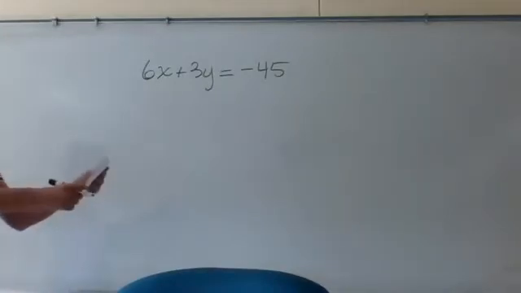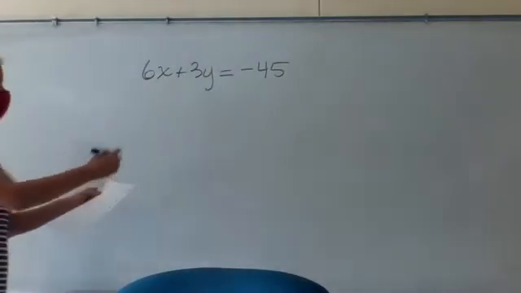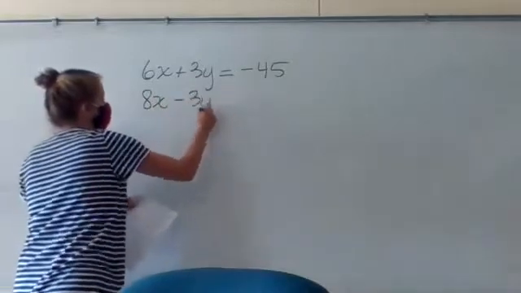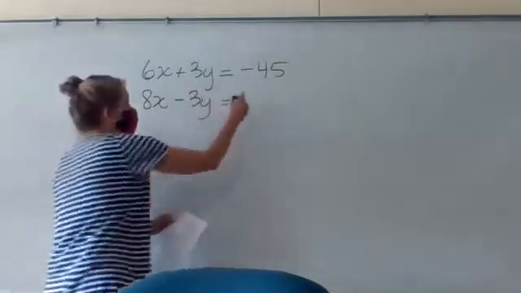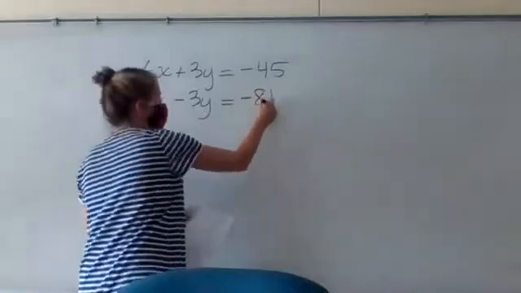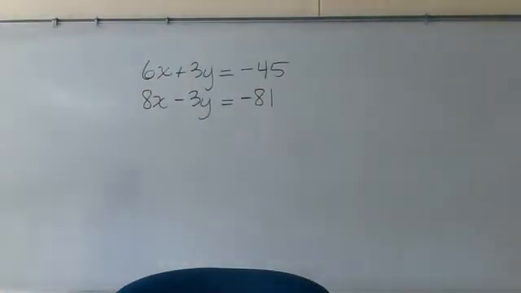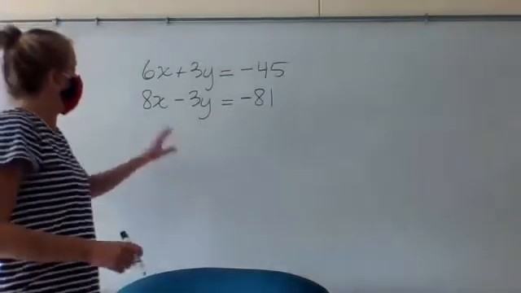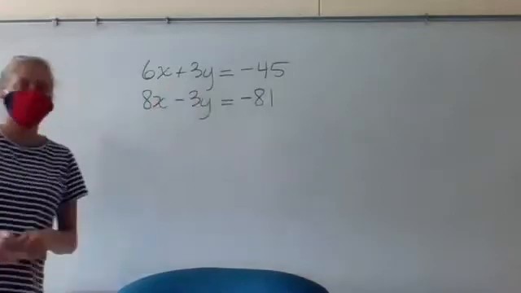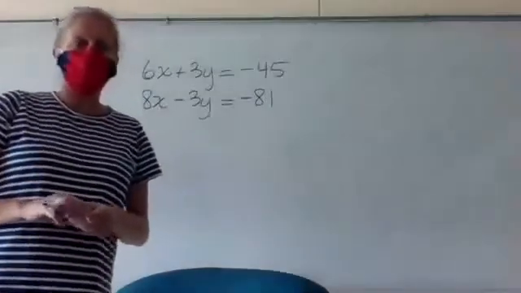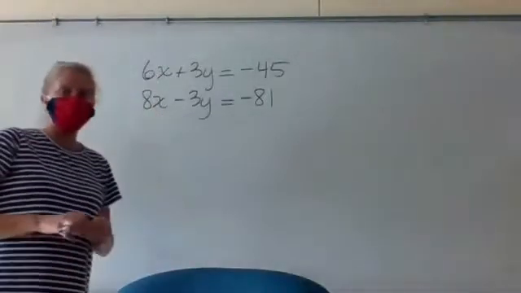The other equation is 8x minus 3y equals negative 81. So what I want to do is, since I have 2 equations and 2 different variables, I want to figure out what x is and what y is that will satisfy both of these equations.